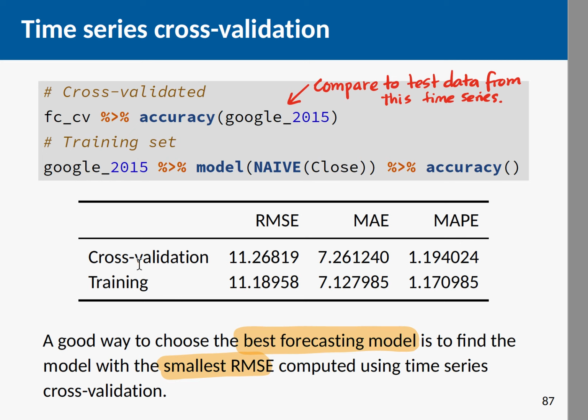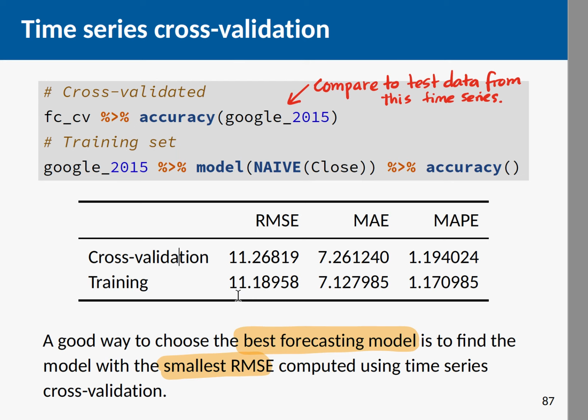Now you have, again, different columns representing different forecasting metrics, and you have the cross-validation technique, and you are comparing that with the fitted values, or the training data set.